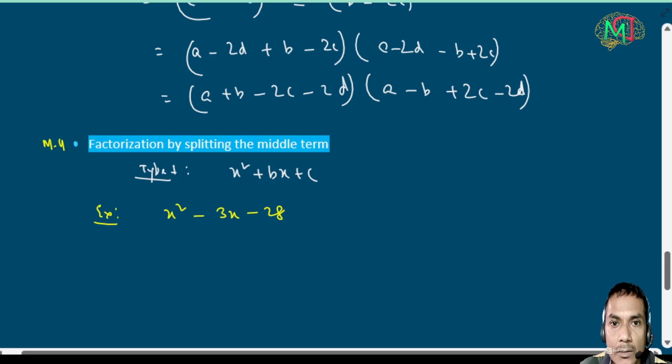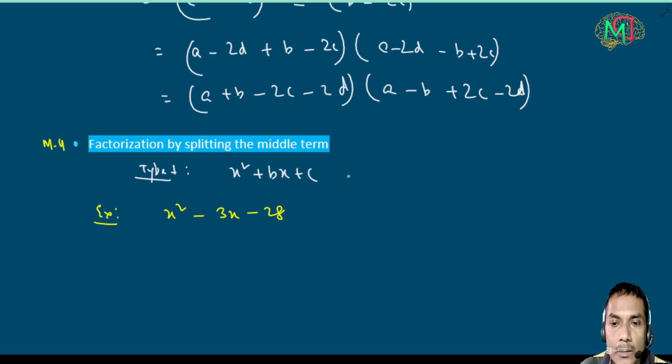Suppose the roots are minus p and minus q, then we can write the factors as x plus p and x plus q. So these are the factors.